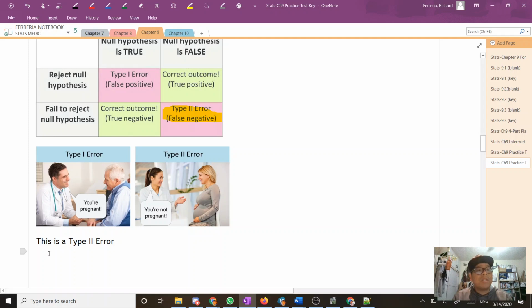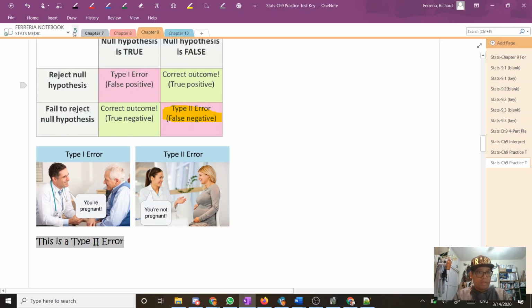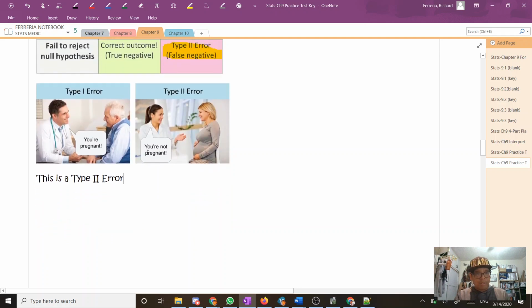You know they mean business because whenever you see type 2 error, it's done with Roman numerals. So yeah, Roman numerals means we mean business. Okay, this is a type 2 error. And I also included this little chart for you. That's kind of a fun one.